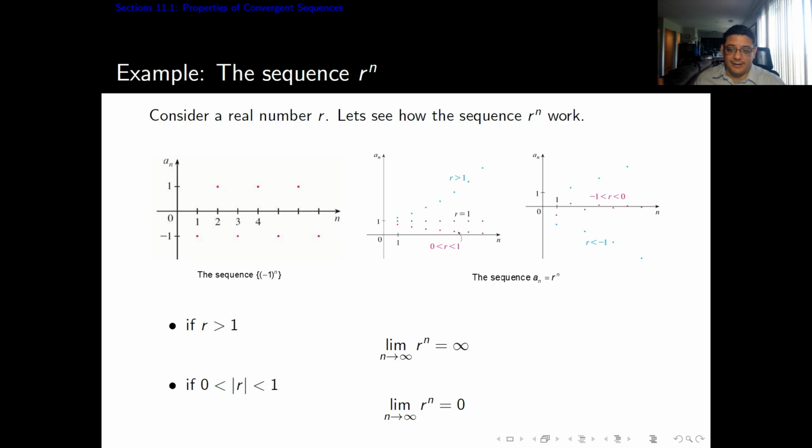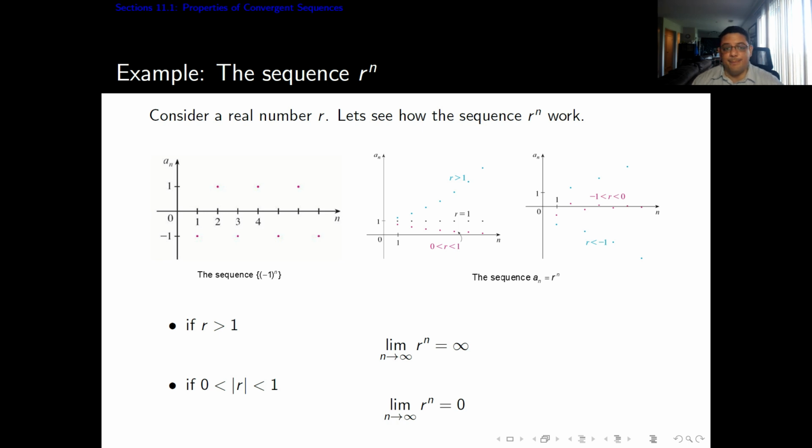Of course, that is a divergent sequence because it's never going to go anywhere, and you can see that in this first picture on the left. Now, when r is 1, it's not interesting either, because all the points are going to be 1. You can see that in the middle sequence in black dots. Regardless of what the power is, it's always going to equal 1.